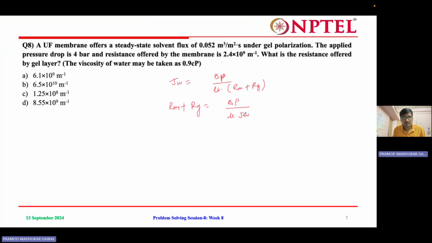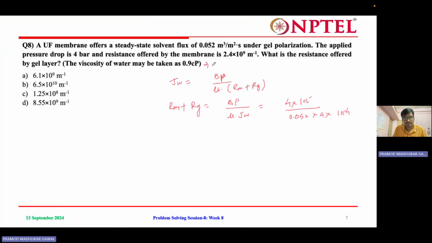So viscosity given, then flux given, and pressure drop given, right? Here convert 4 bar into Newton per meter square, means pascals. 4 into 10 to the power 5 divided by 0.052 into 9 into 10 to the power minus 4, right?